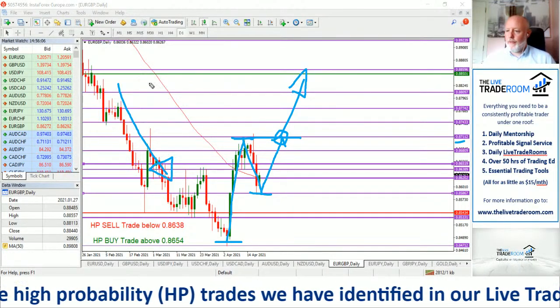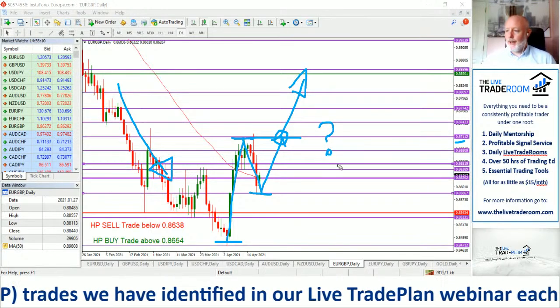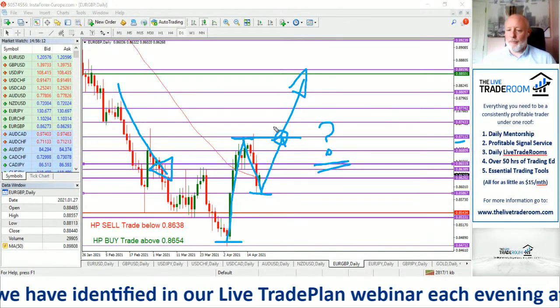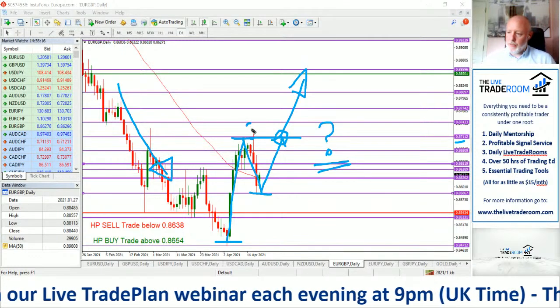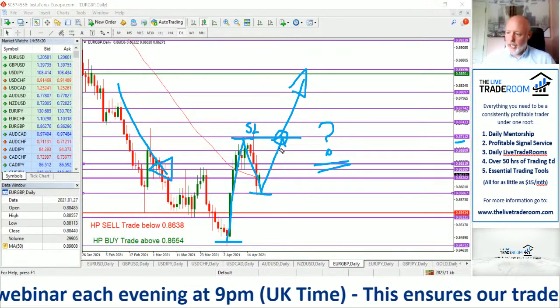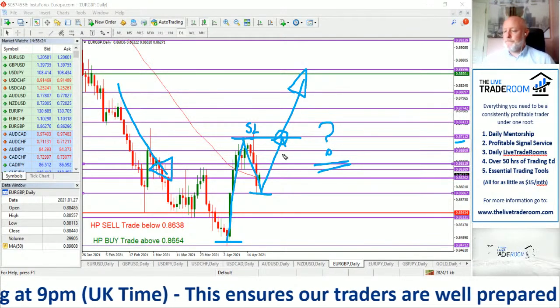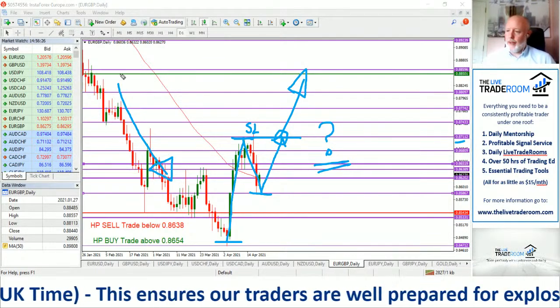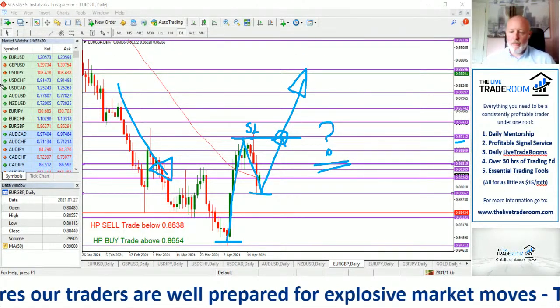This is when a lot of these sellers start to panic. You'll have stop losses placed at these highs up here, and they'll be liquidating positions. It's that psychological point at which the sellers start to freak out, and the buyers are likely to see a little bit of momentum at that point.